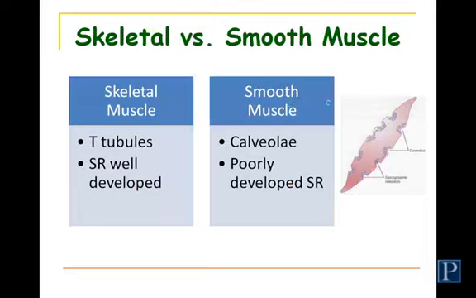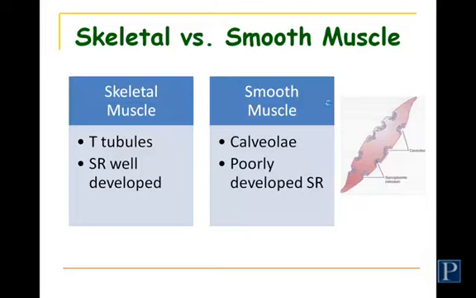When we also look at the structure or the anatomy of skeletal and smooth muscle, I want to compare these two. So it's always good to remember, compare skeletal versus smooth. Skeletal muscle had T-tubules. What's the function of T-tubules? When the wave of depolarization came down, remember, it originated at the neuromuscular junction, spread down through the T-tubules deep into the muscle.